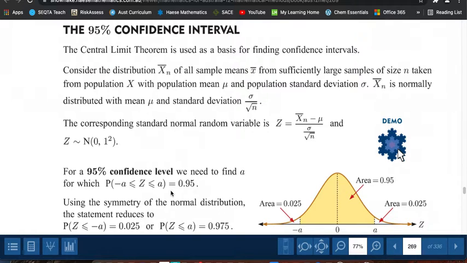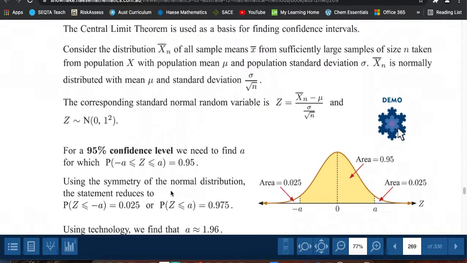What we want to do is go back to our standard normal curve. So our standard normal curve is drawn here, 0 being the mean, 1 is a standard deviation. They haven't marked 1 on there as a standard deviation. But what we want to do is make it so that the area under there is 0.95 or 95%.